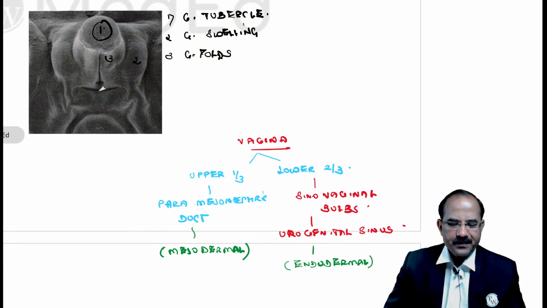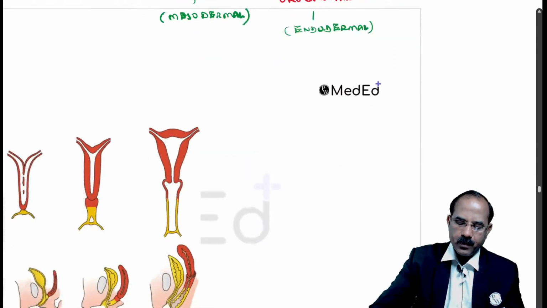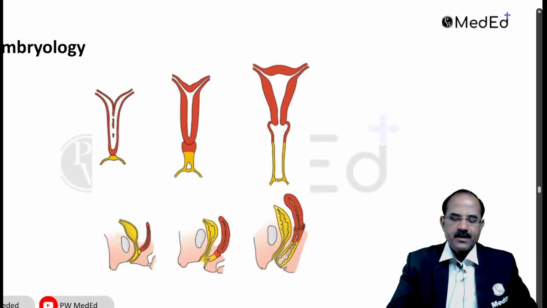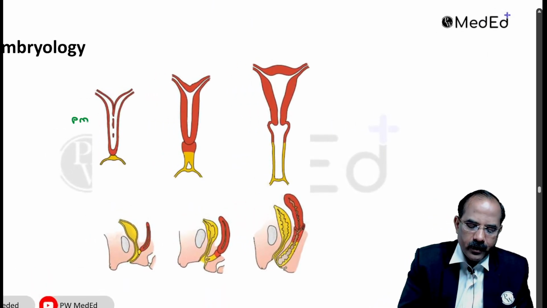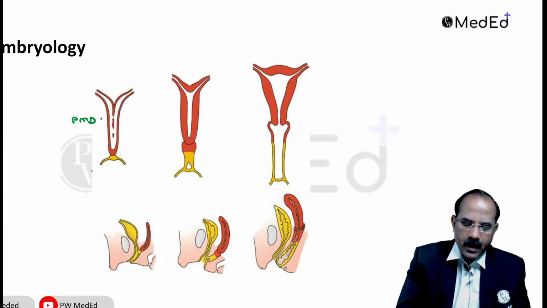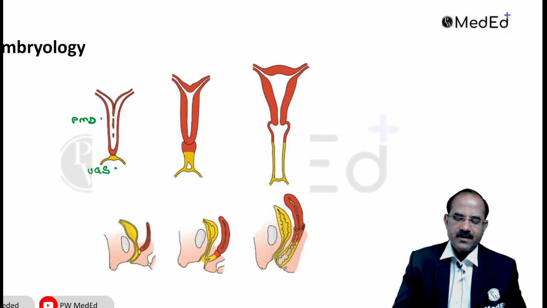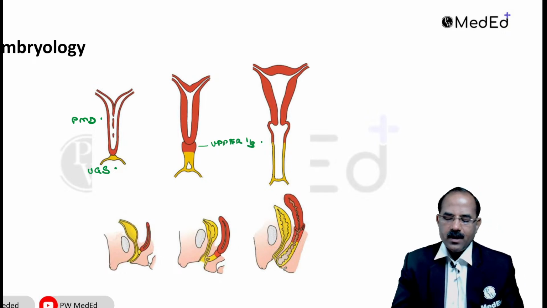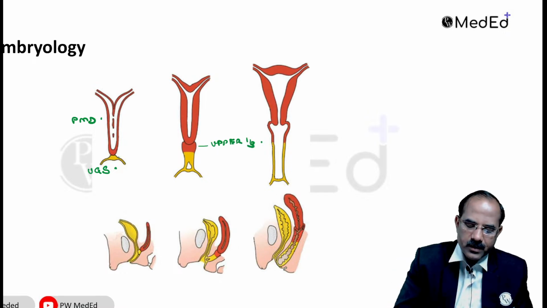Fine, students. Look at this slide. So what is this? This is the paramesonephric duct. And what is this? This is the urogenital sinus. This paramesonephric duct forms the upper one thirds of the vagina, and this urogenital sinus forms the bulbs.